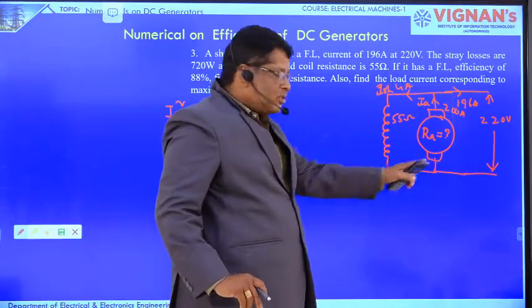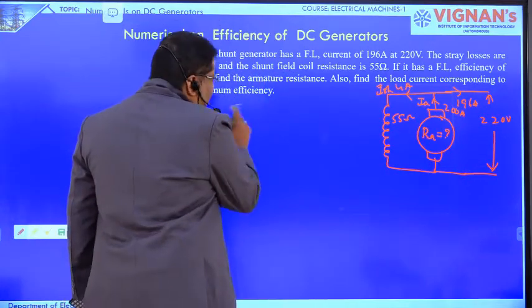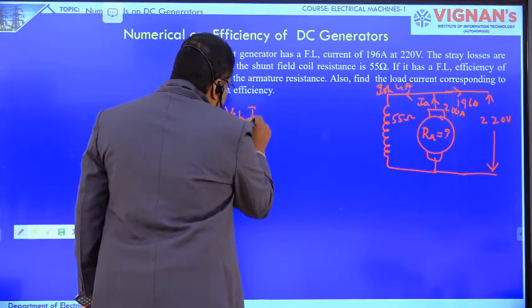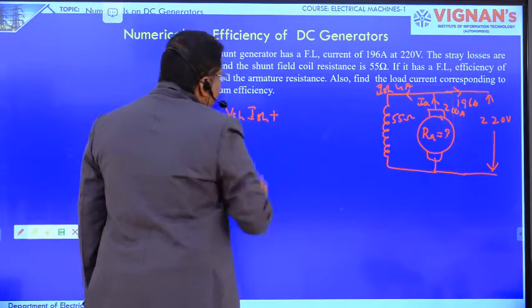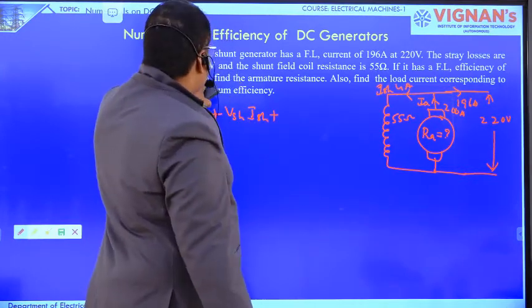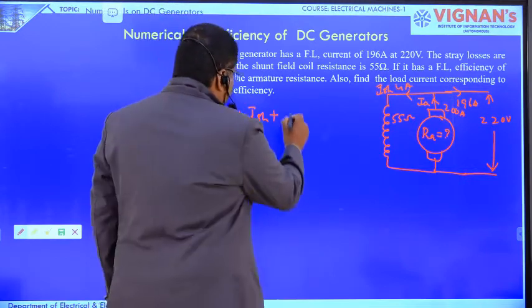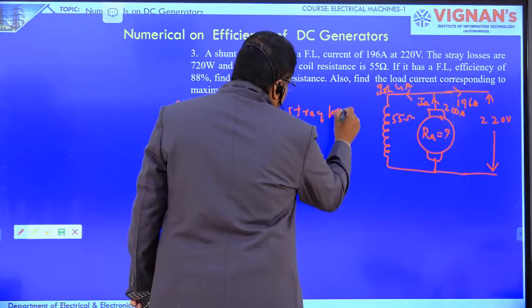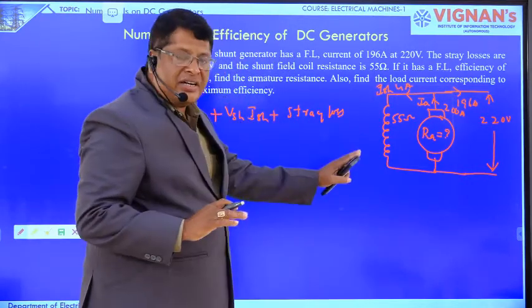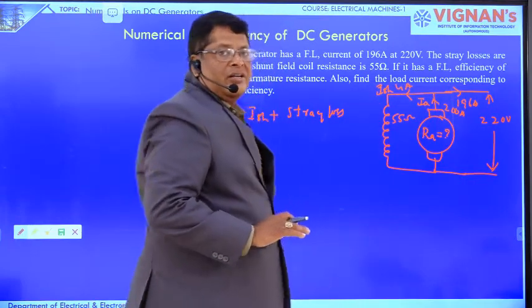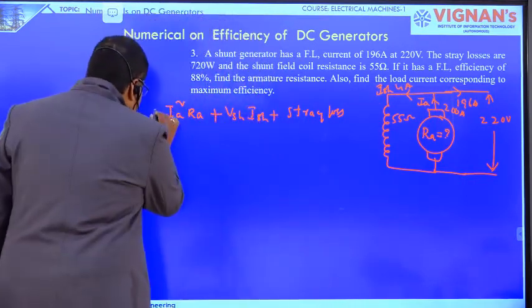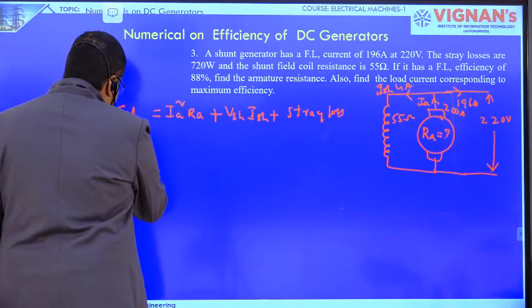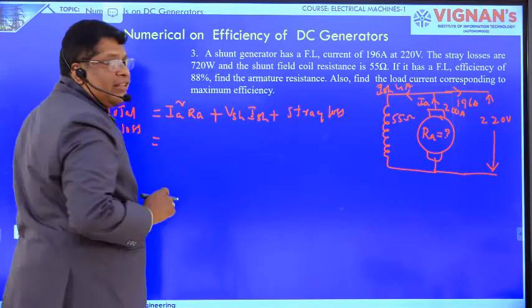Armature copper loss, shunt field copper loss VSH into ISH, plus stray losses occur in this value.